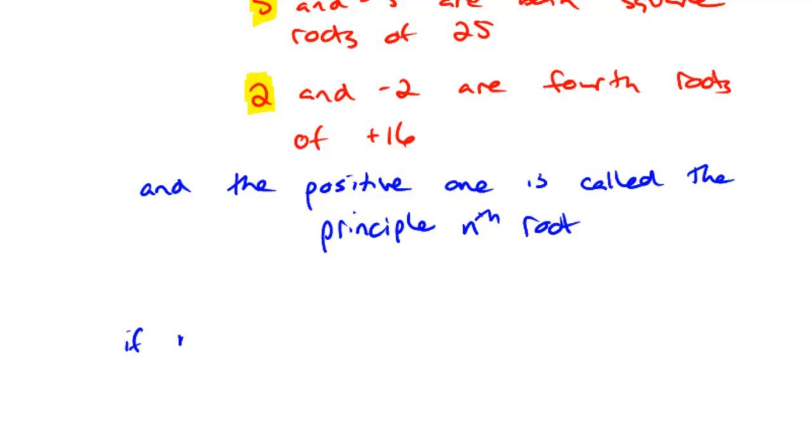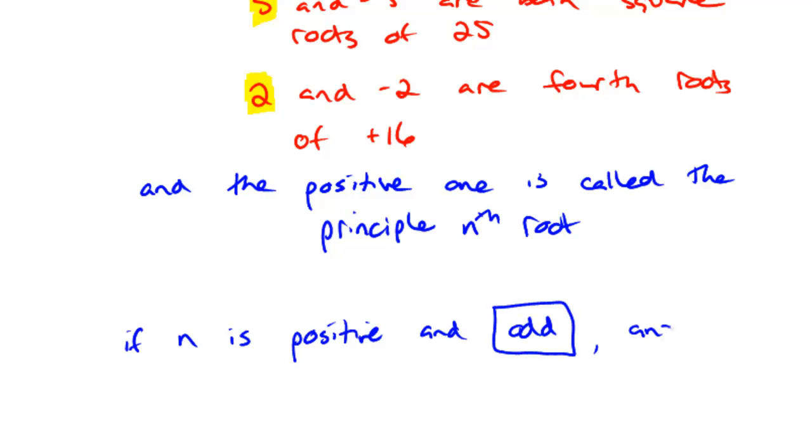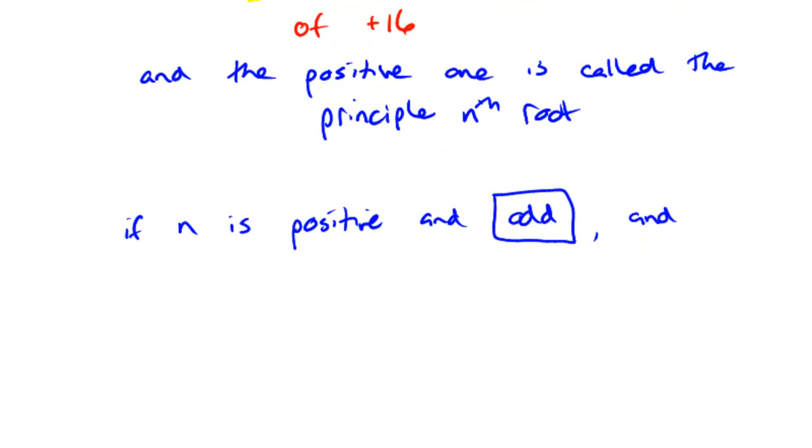We should also look at the case if n is positive and odd, n still being an integer. And the thing that's really interesting, because now it's odd, so we're taking cube roots or fifth roots or seventh roots, is that instead of a being positive, a can have any value. So a is a real number.